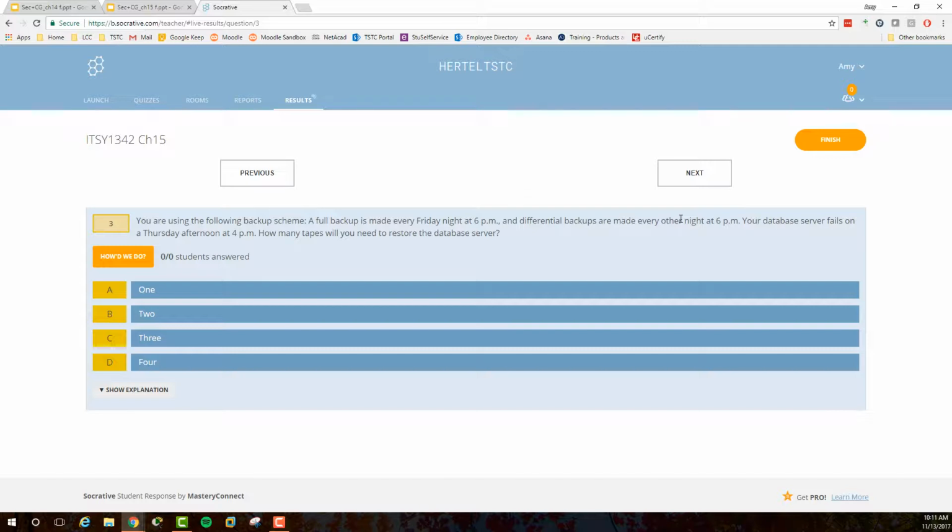This is the kind of question you really need to understand the difference between a differential and an incremental backup. We need 2 tapes. So since we're using a differential backup and it's backed up everything that's different since the full backup on Friday, I need 2 tapes. I need the full backup I did on Friday, and I need the last differential backup that I did before the database server failed on Thursday afternoon.